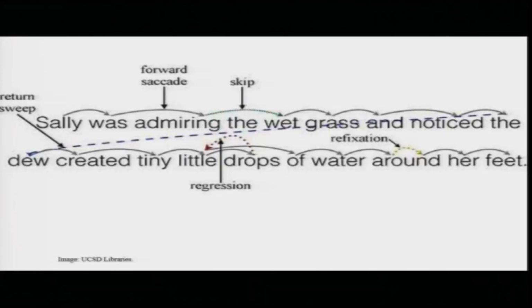You will also see a refixation here: if you fixated at this point, and then because the word was longer, the word has almost 6 letters, you refixate at the same word. You will also see the return sweep from the end of the sentence to the beginning of the next sentence. So these are some of the eye movements that you can see.